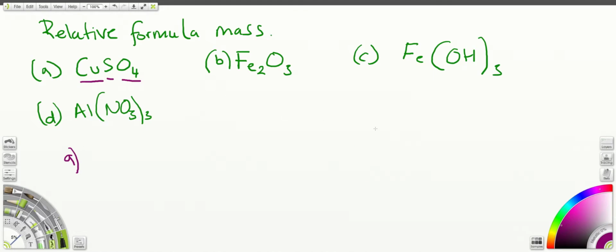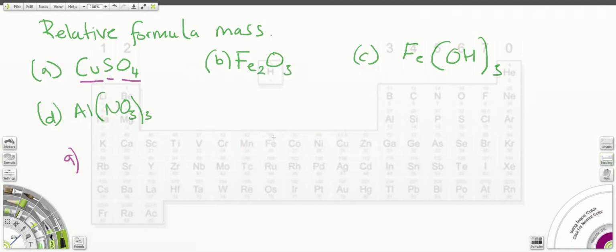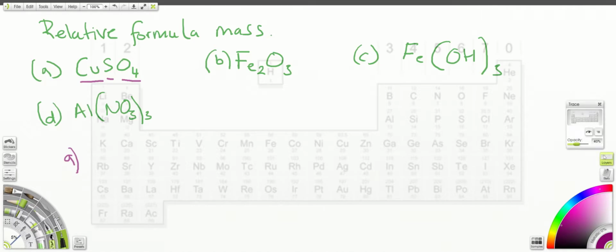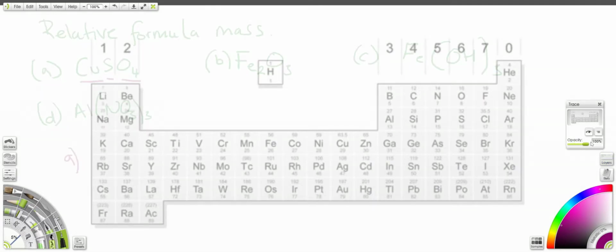I'm going to get my periodic table out, which is here. So where's that opacity thing? I don't know. Oh, there it is. First thing I'm going to do, it's CuSO4, so I'm going to look for Cu. Here's Cu. The mass number is the number at the bottom.